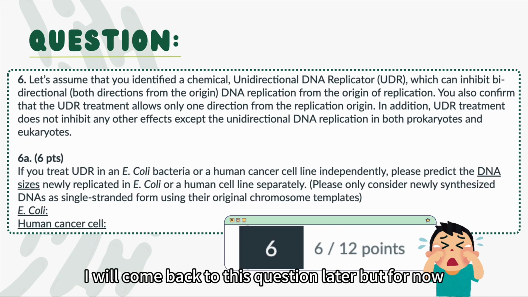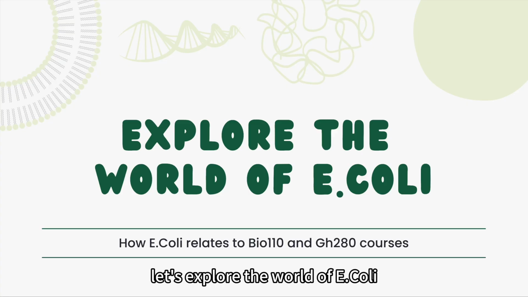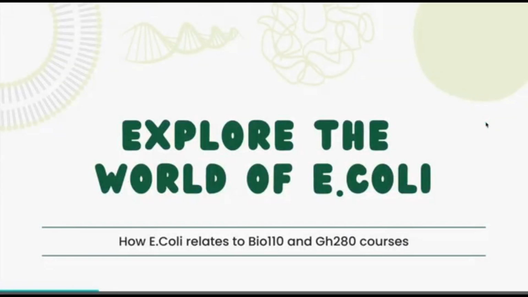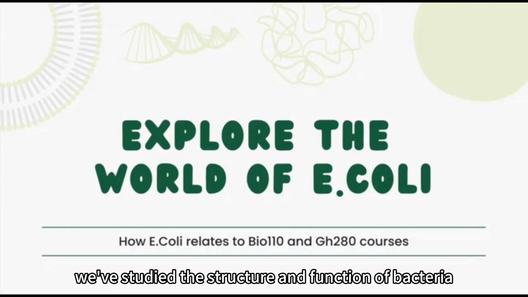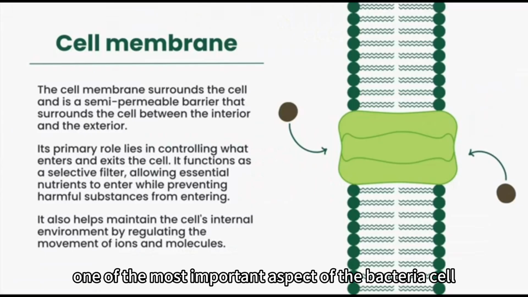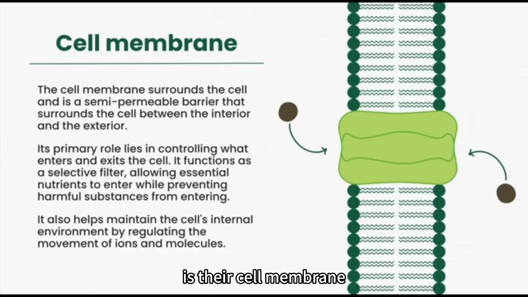I will come back to this question later, but for now, let's explore the world of E. coli and how it relates to what we've learned in both my biology and global health courses. In our biology class, we've studied the structure and function of bacteria like E. coli. One of the most important aspects of the bacterial cell is their cell membrane, which is the semi-permeable barrier that surrounds the cell.